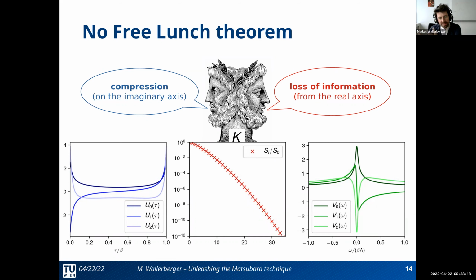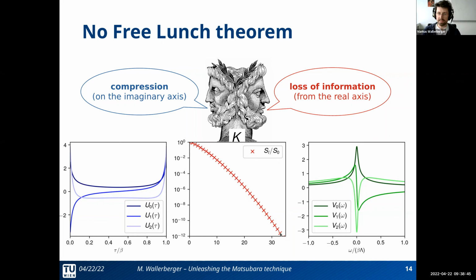So we have less information available on the imaginary axis than we have on the real axis. However, since we have less information on the imaginary axis, we don't need to store all that information. So we can compress the data. These are the two sides, right? We have information loss, and that allows compression. And that really is what these singular values tell you.